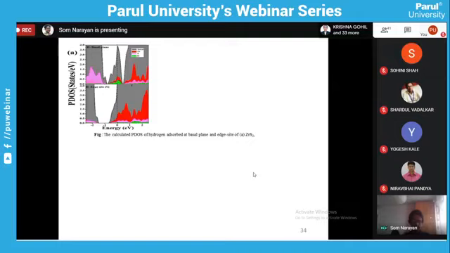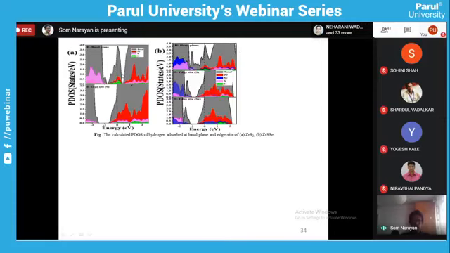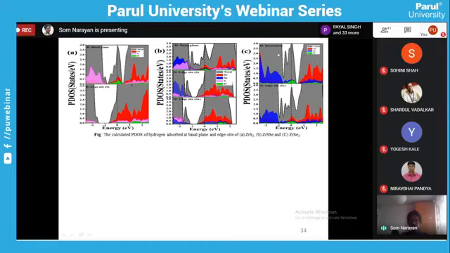This is the density of states. It is helpful to understand the interaction. This is the density of states of hydrogen, and it is distributed all over. It shows the interaction between the system and particularly the hydrogen and oxygen atoms. We can see over here that in the case of ZrSe2, the density of states is much more as compared to these two.